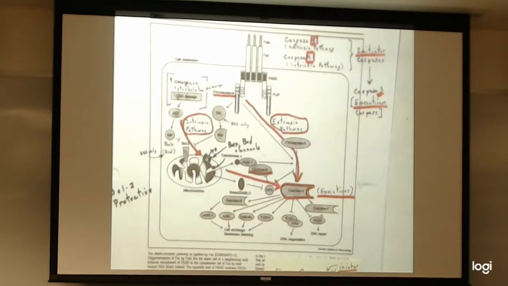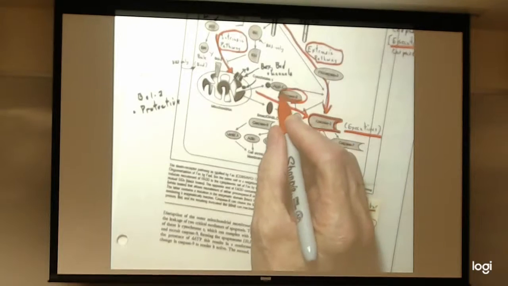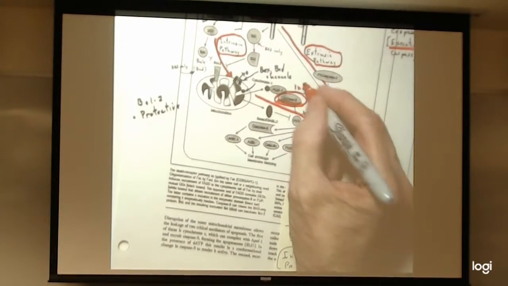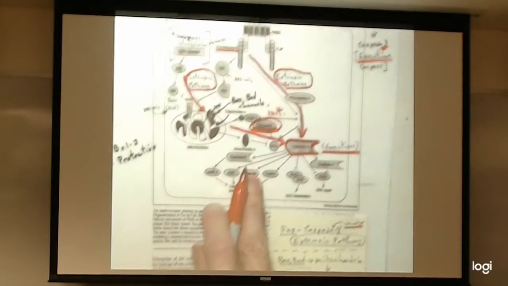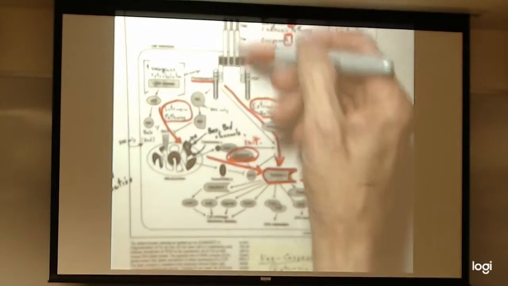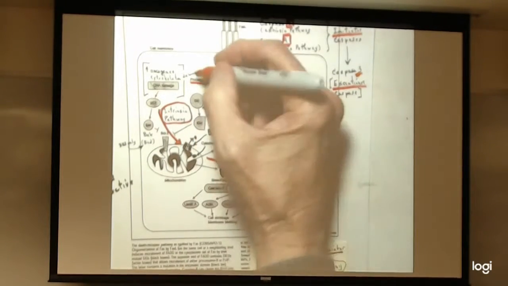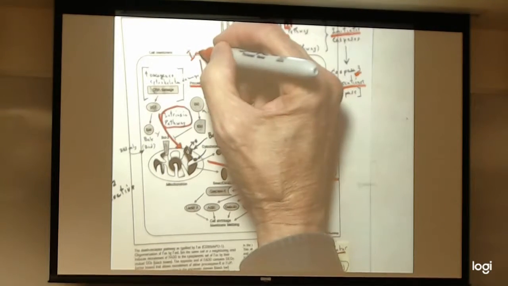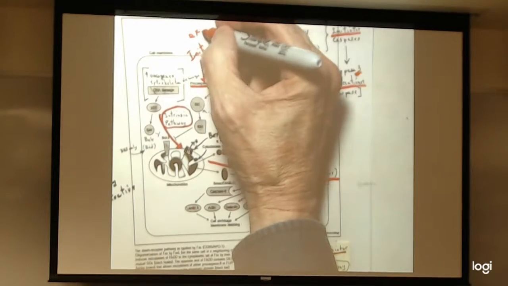So here is caspase 9, and it's an initiator caspase for the intrinsic pathway. And up here we have FAS ligand, and FAS, and we have procaspase 8, and procaspase 8 is the initiator caspase for the extrinsic pathway.